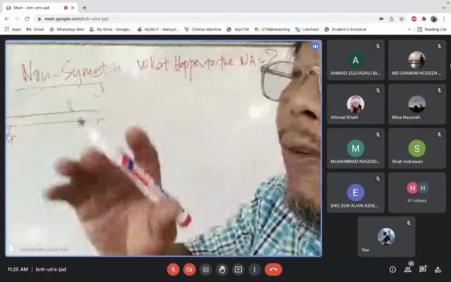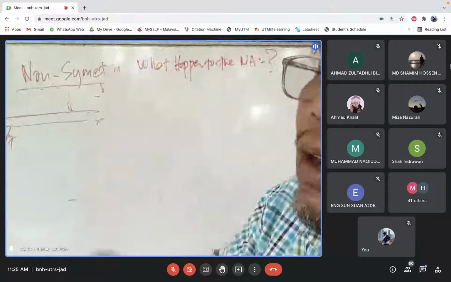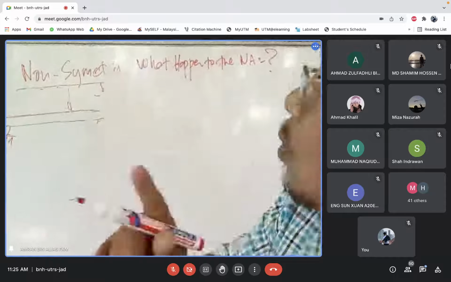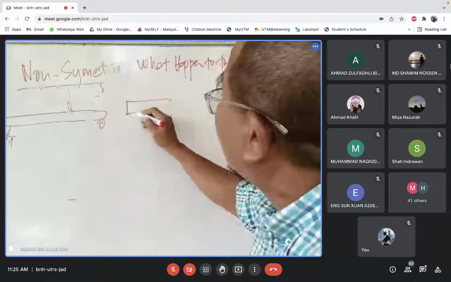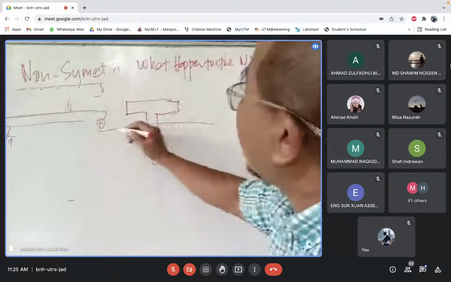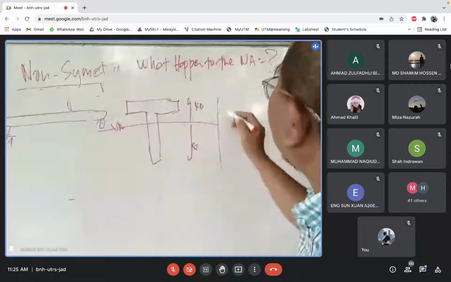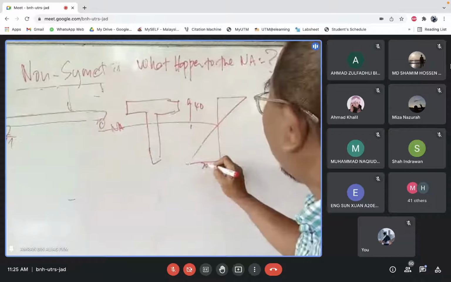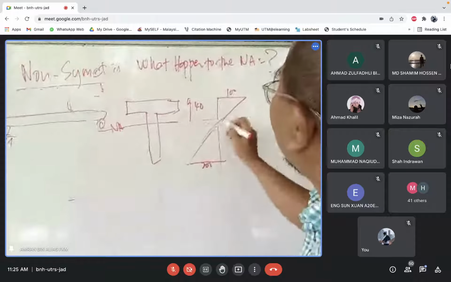From the beginning, we have elastic, maximum elastic, and then we have semi-plastic, and then we have fully plastic. Take the beginning just now. We have the neutral axis there. This is 40, this is 80. The diagram of the stress is like that. 200, this is 100. Okay?